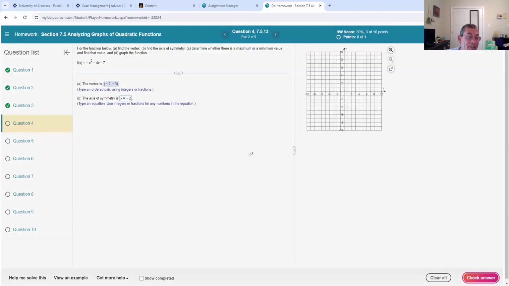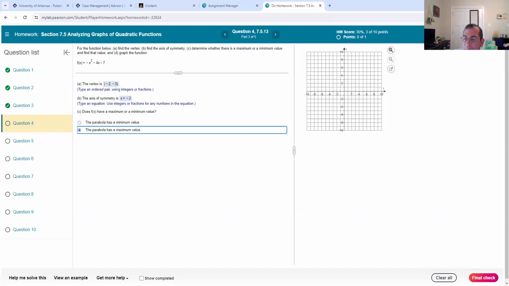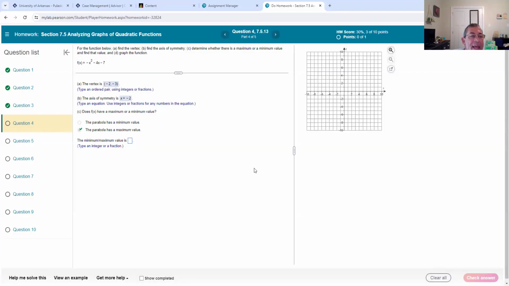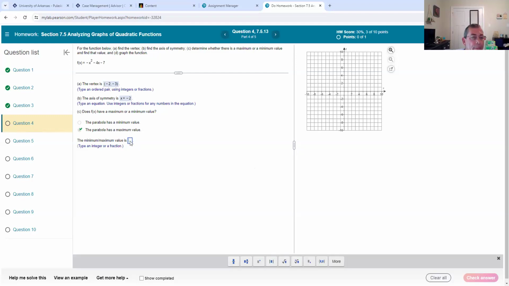Because math lab will sure get you if you don't put them x's. All right, y'all told me, well, go ahead, what, a maximum? So we're going to click B for the maximum. And what is the maximum minimum value? Y'all put negative 3. Yep, that's my y value.